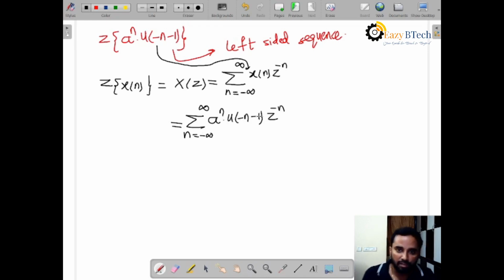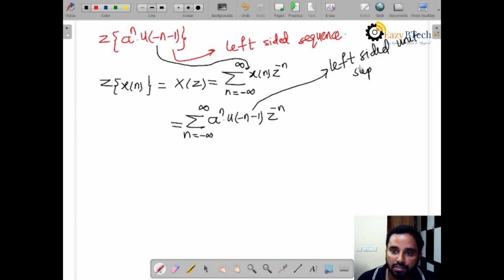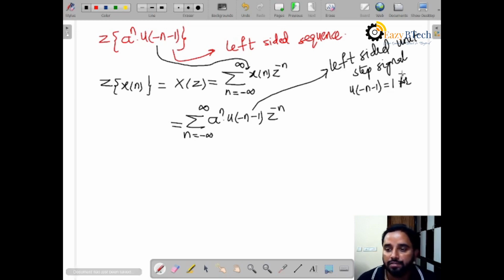So here it is a left sided unit step sequence. u of minus n minus 1 is 1 for left sided, means n is less than or equal to minus 1, right or not? From minus 1 to minus infinite, it is 1.